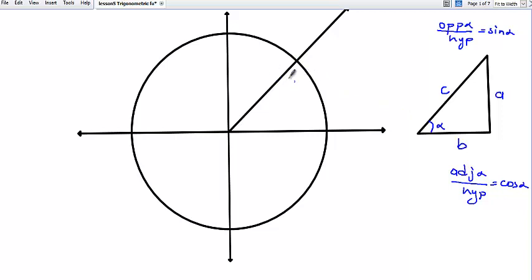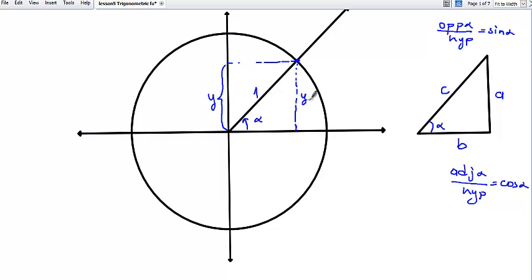How do we carry this onto the unit circle? The unit circle means the radius is 1. So when you take a point on the unit circle, and draw a line segment to the center of the circle, we have an angle between them, and let's say this is also alpha. This is the opposite side, and its length is y.